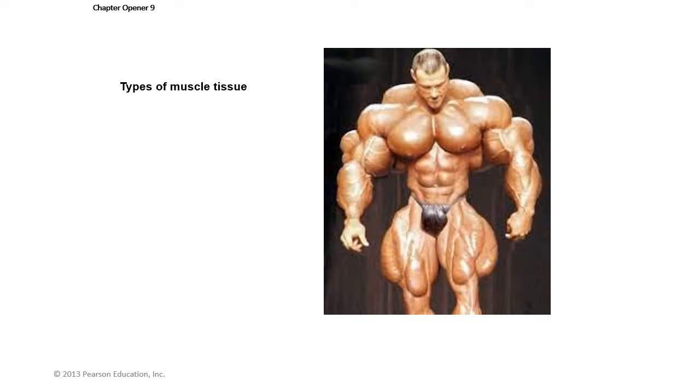Intercalated discs go in a vertical pattern, and they're randomly placed. The idea is it allows for the tissue to intermesh or connect with one another, and it does aid in the heartbeat. So we'll go over more of that as we go through this class. It is involuntary, which means you don't technically have control over it.